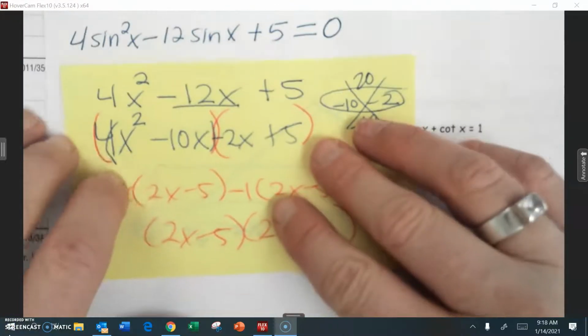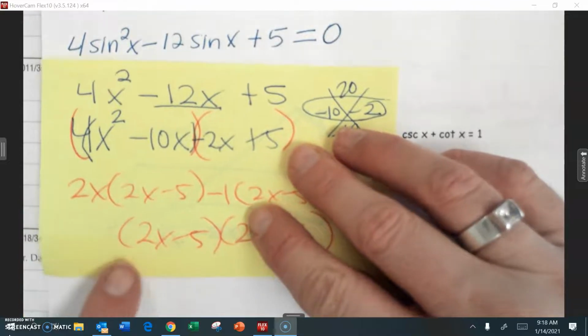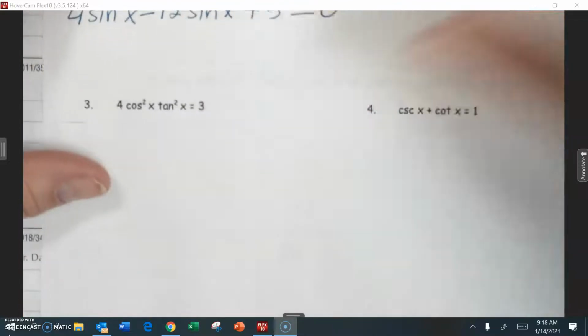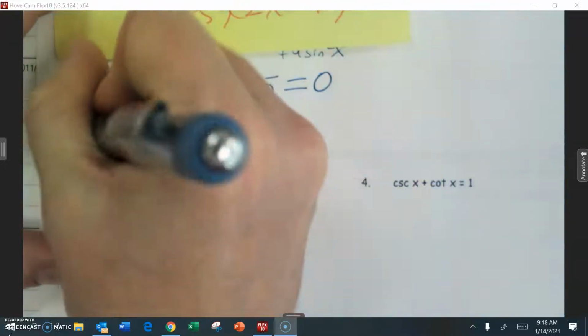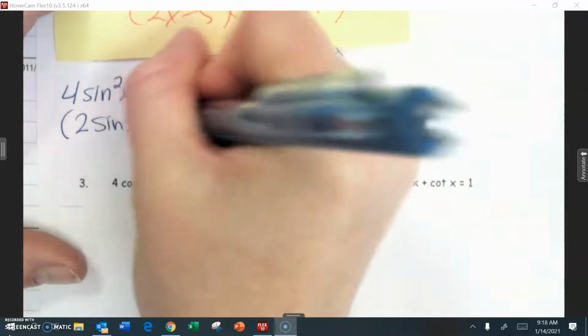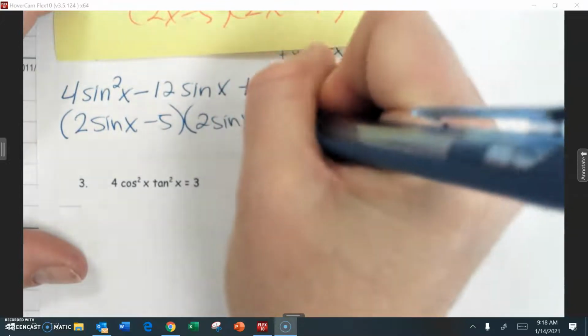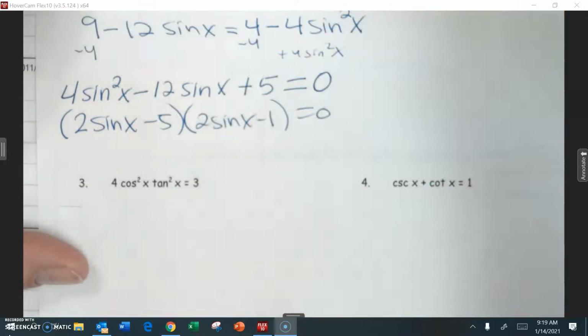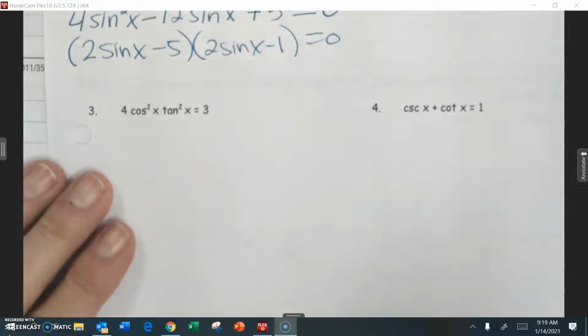So if we could factor 4x squared minus 12x plus 5, and I'm going to move this up, I know that this then factors into 2 sine of x minus 5 times the quantity of 2 sine of x minus 1 equals 0. Voila. Now, I'm going to do this one with you, start to finish.